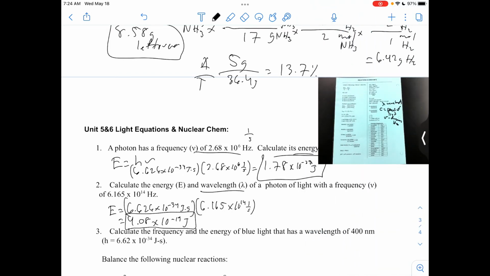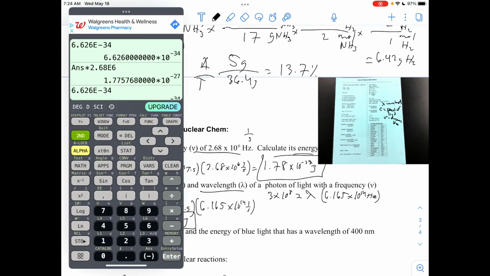We want wavelength, so we're going to have to use that other equation. So I'm going to use c is equal to, actually we know what c is. 3 times 10 to the 8 is equal to the wavelength times the frequency. So frequency again was 6.165 times 10 to the 14th hertz.